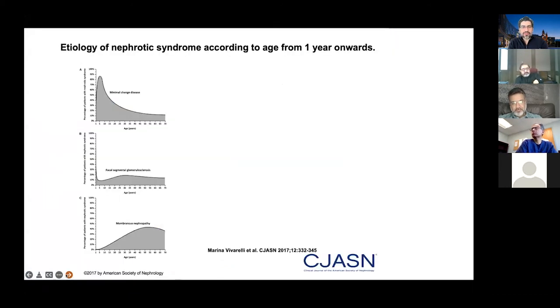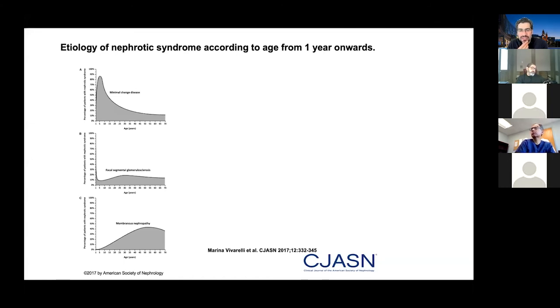So this is something which I found in this article interesting. If you see the age and how the different nephrotic syndromes have their spectrum. So this is the childhood range, 1 to 15, 20, you see the minimal change disease. I always thought minimal change disease has a bimodal distribution too, so there is a second age when the percentage of patients with nephrotic syndrome that is minimal change increases, but maybe it is the population they looked at in this study.